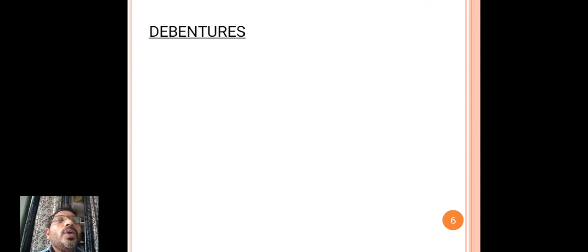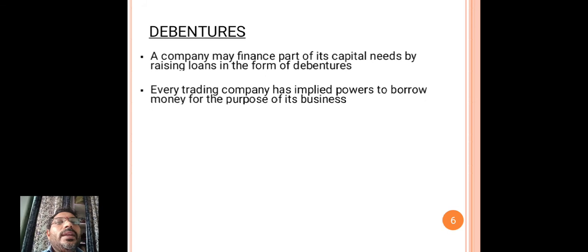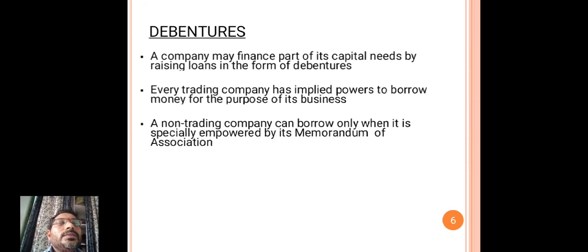So this is about the last class, the discussion in this chapter: shares, different types of shares, and different types of preference shares.